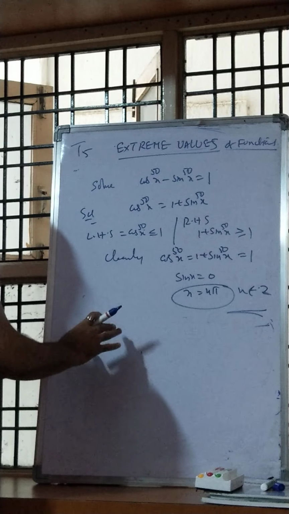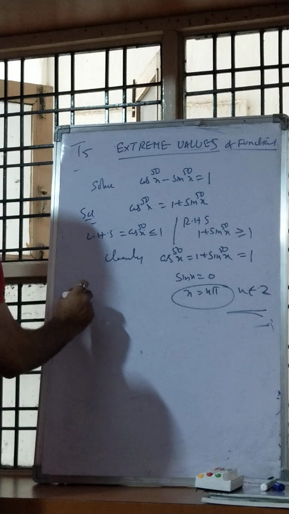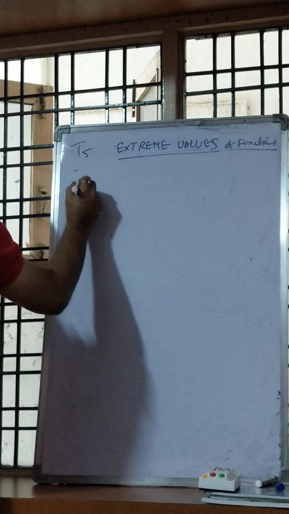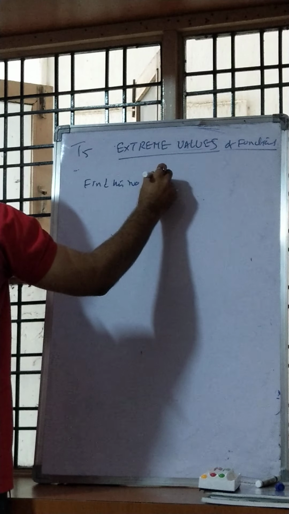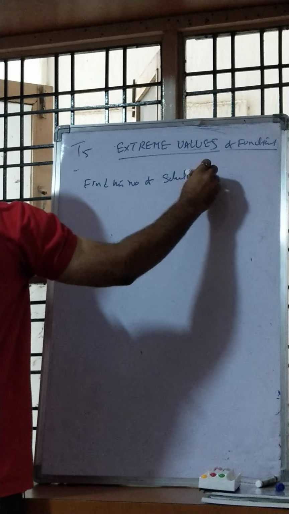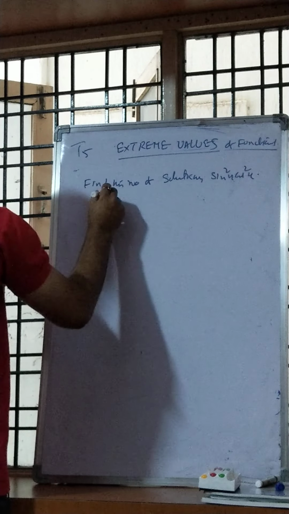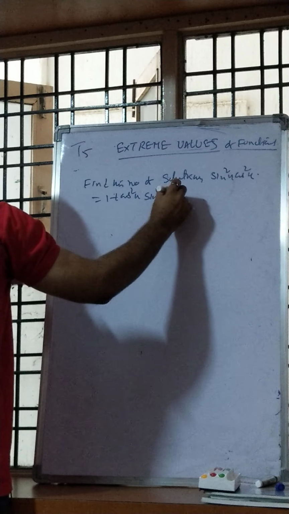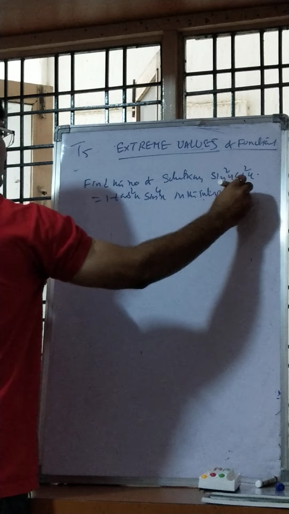One example I have taken here. Next, one more example I would like to take. Find the number of solutions of sin^2 x cos^2 x is equal to 1 plus cos^2 x sin^4 x in the interval 0 to 2 pi.